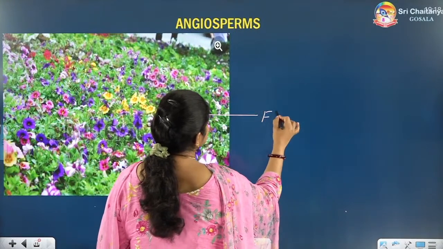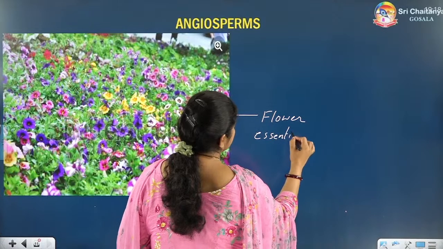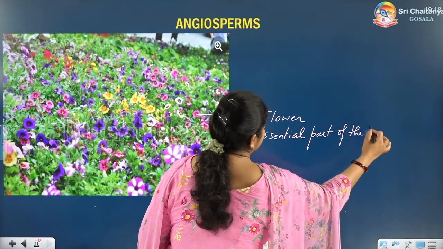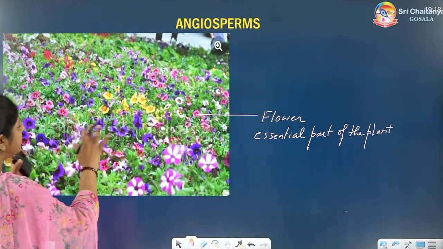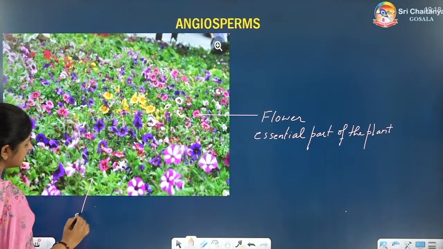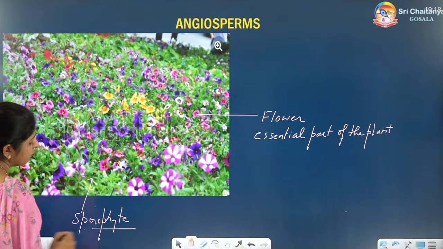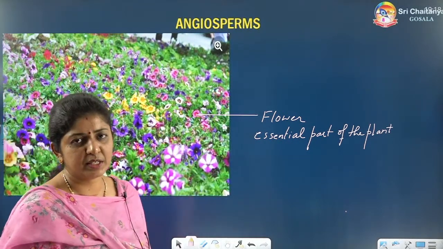The flower is the essential part of the plant, as it is involved in reproduction. But the complete plant body, the vegetative parts, is the sporophyte, and the reproductive part, the gametophyte, we will discuss.